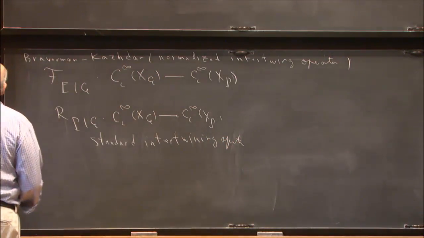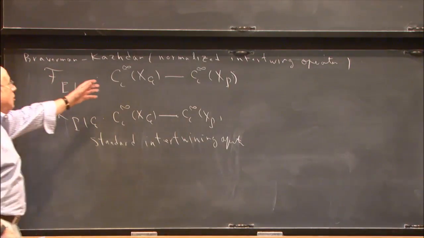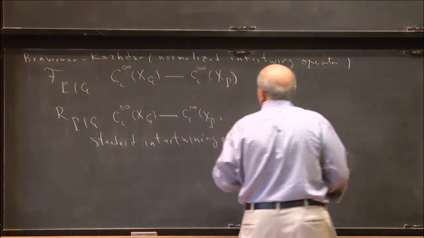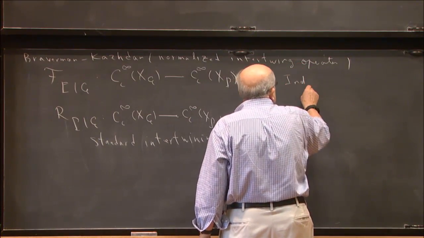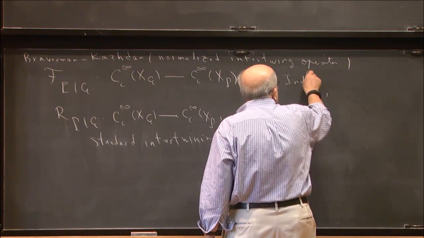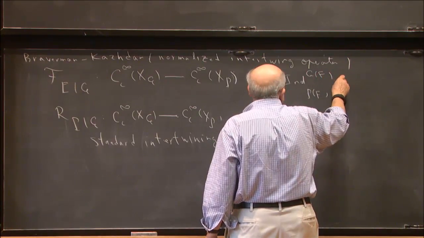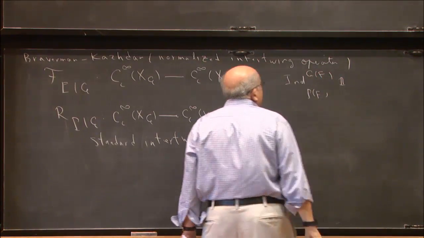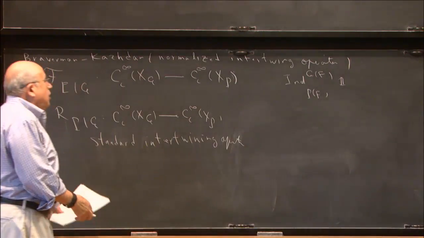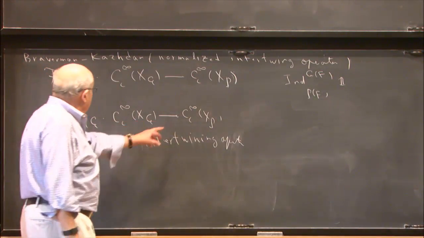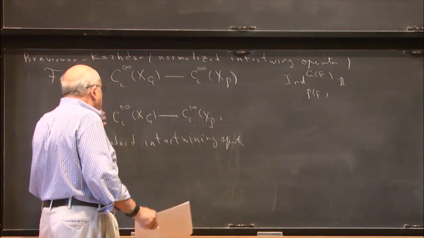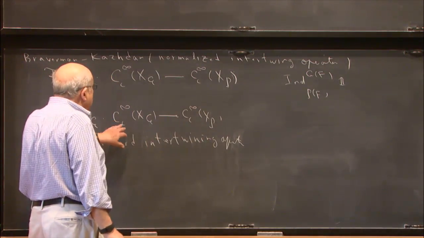So basically, if you look at this, this is like smooth functions on X_P. This is basically like the induced representation from P(F) to G(F) of the trivial representation. So therefore, there are intertwining operators between these spaces. You go from here to here.